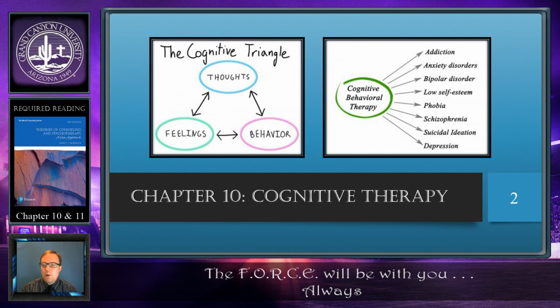Look at the image on the right. Those lists of issues are all the issues that are the byproduct of faulty thinking, of poor behaviors and decision making, of feelings that seem to put us out of balance, and so we need to stop them. And of course, there's some that are more difficult to treat than others in that list.